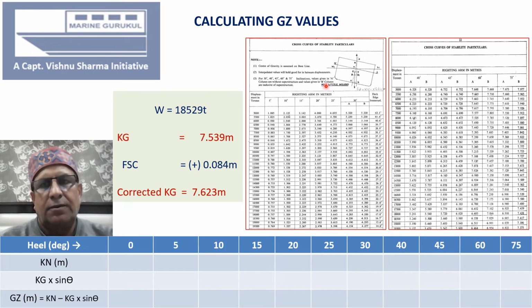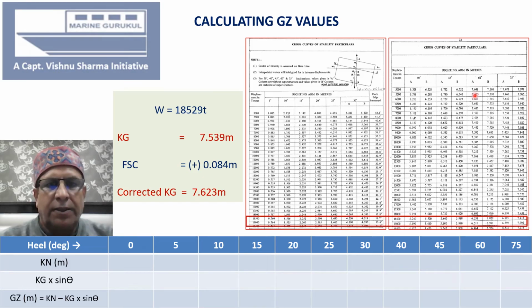Here are the Kn curves. I have uploaded this in the free study material. The MV Hinge ship stability booklet soft copy is uploaded. So those who are going to practice it can refer to the booklet in the free study material on the app.